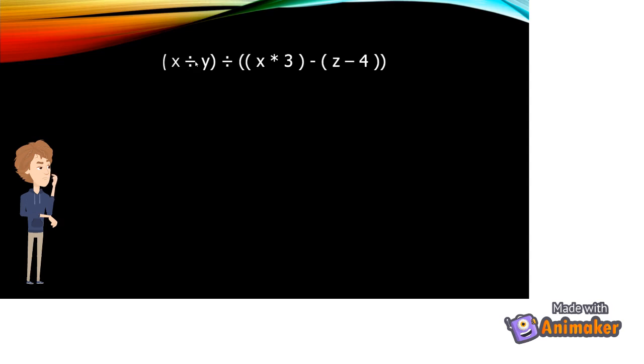So right here, we have an exercise of x divided by y divided by x multiplied by y minus z minus 4 in a big bracket. So this is fairly easy compared to the previous one. Why do I say so? It's because this x divided by y is only covered in a pair of brackets, which makes it the left operator already. And we can know that this is the main operator separating this left and the right argument.